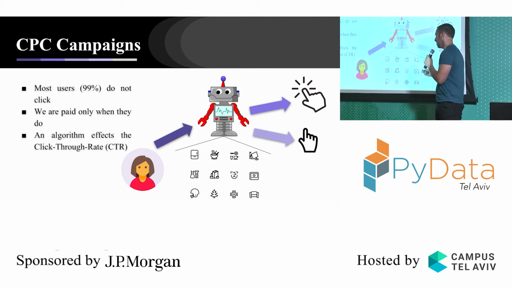We need to find what is the best match for that profile. We serve her that ad, and we hope she will click. If she does, we get paid. If she doesn't, tough luck, but this is the majority of the cases. And as you can guess, 99% of the users don't click on the ads that they see.